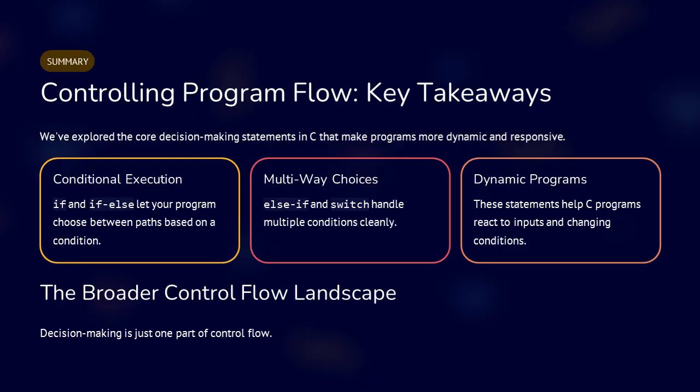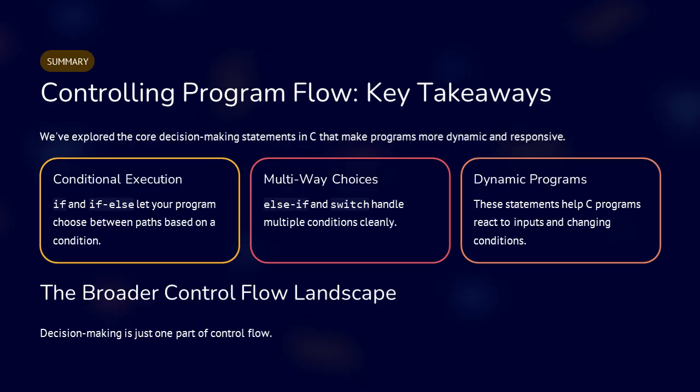Next is controlling program flow, key takeaways. We have explored the core decision making statements in C that make programs more dynamic and responsive. Conditional execution: if and if else let your program choose between paths based on a condition. Multi-way choices: else if and switch handle multiple conditions cleanly.